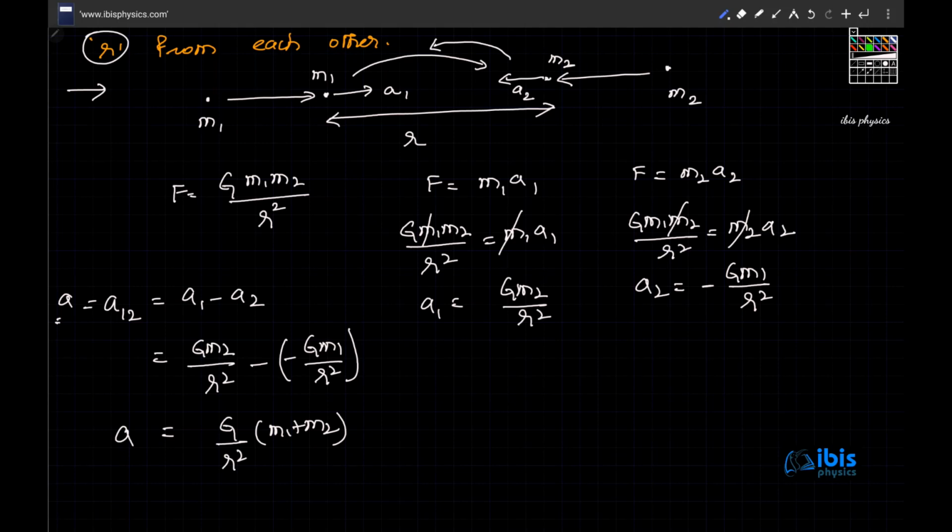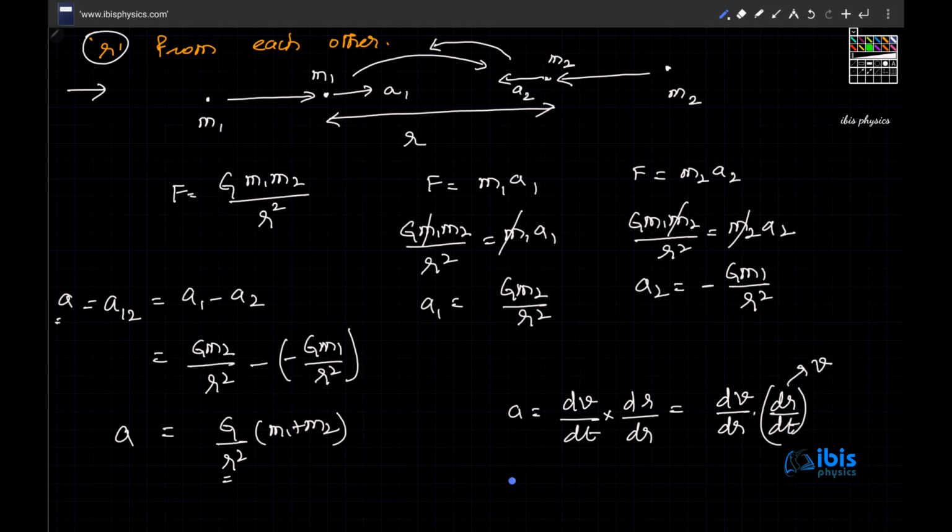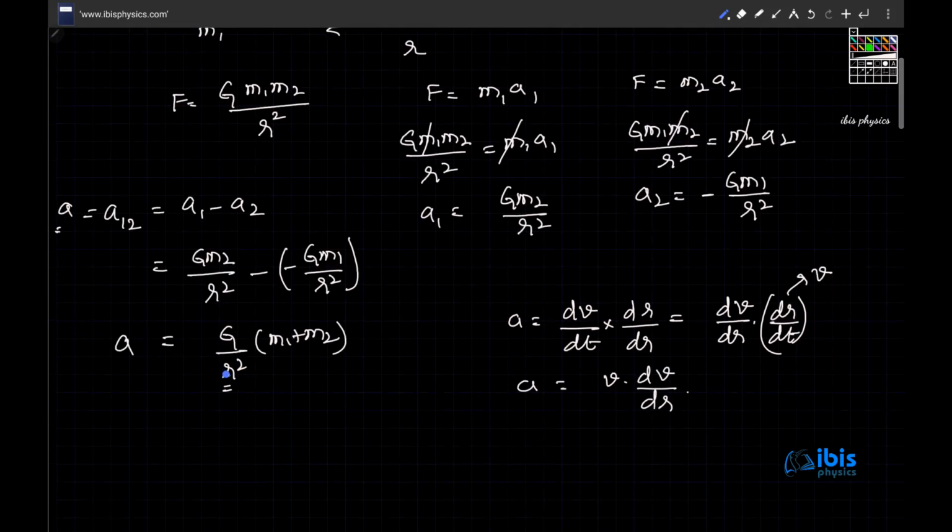So we are supposed to find out velocity, so we are going to use the chain rule. a equals dv by dt. Here a distance dependent equation is there, so we are going to convert this into a distance dependent equation by multiplying and dividing by dr. So what you will be getting is dv by dr into dr by dt. dr by dt is velocity, so the acceleration is actually v into dv by dr. Suppose you have it with respect to x, you will be having dv by dx and so on.